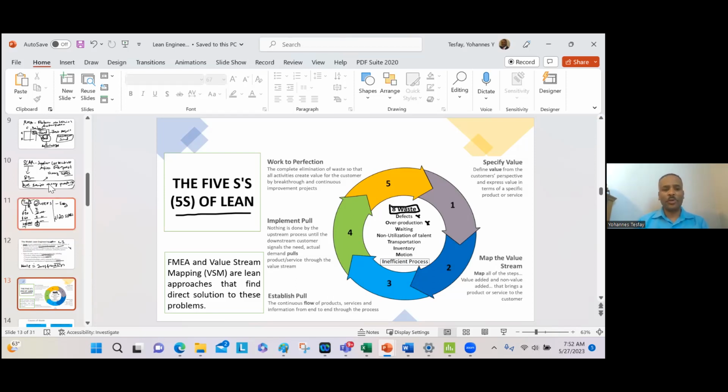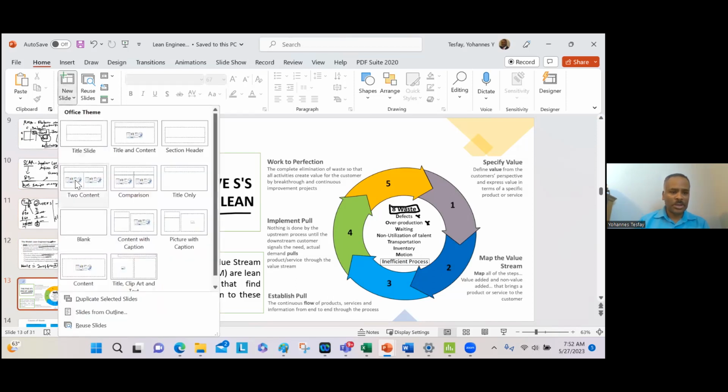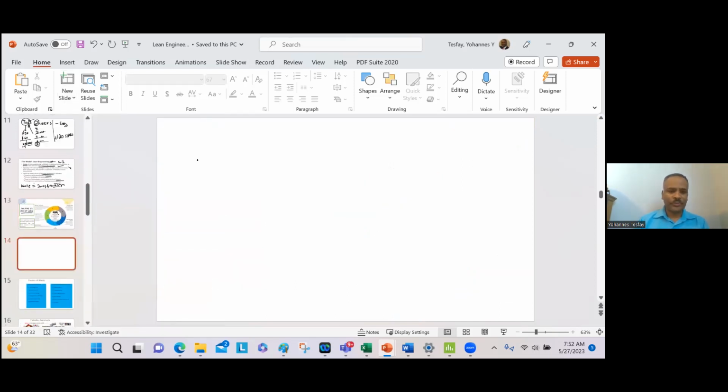Okay, let's look at it. So, the 8 sources of waste. The first one is what?